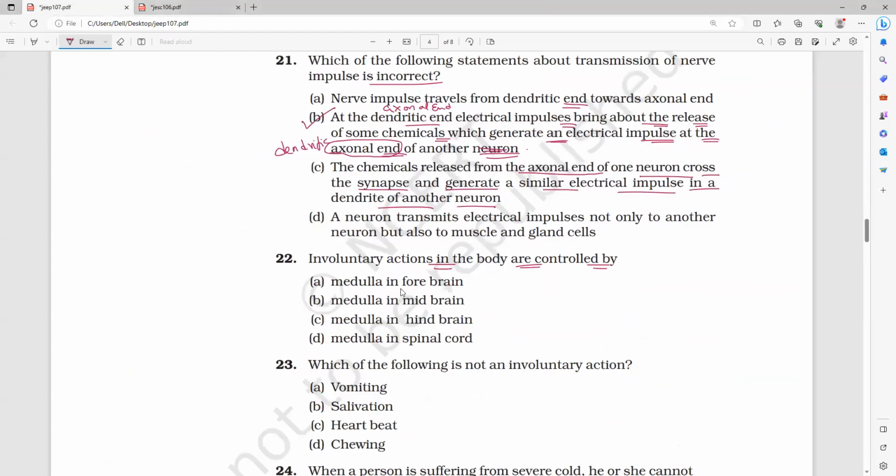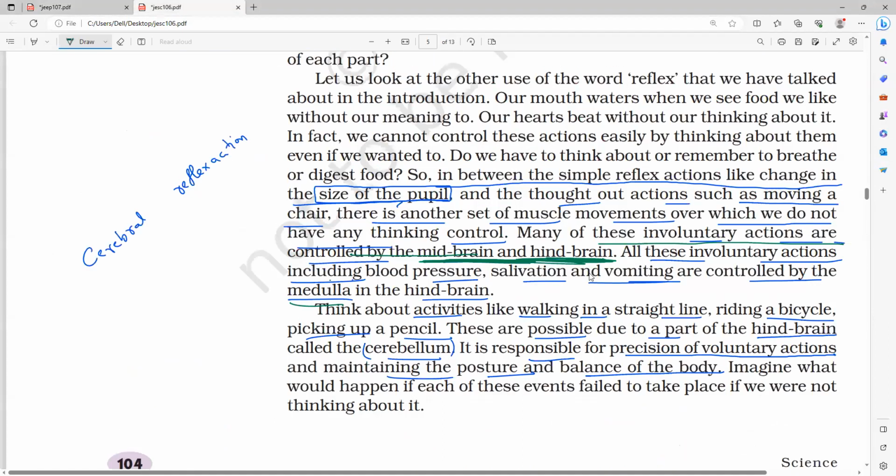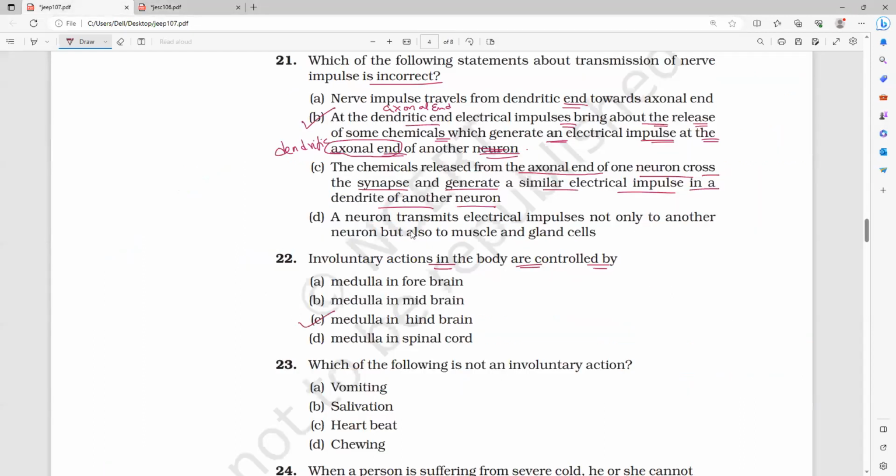Particularly, these involuntary actions are controlled by the medulla and the hindbrain. So that is the answer: medulla and hindbrain. Involuntary action means medulla and hindbrain.